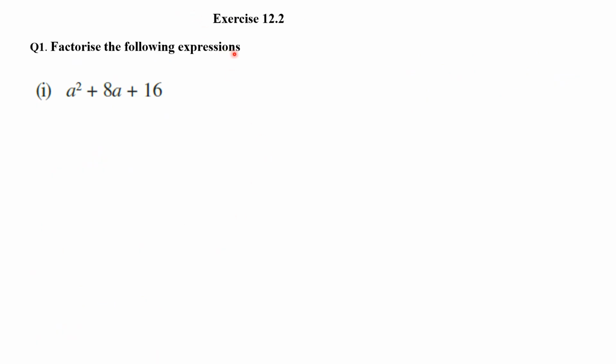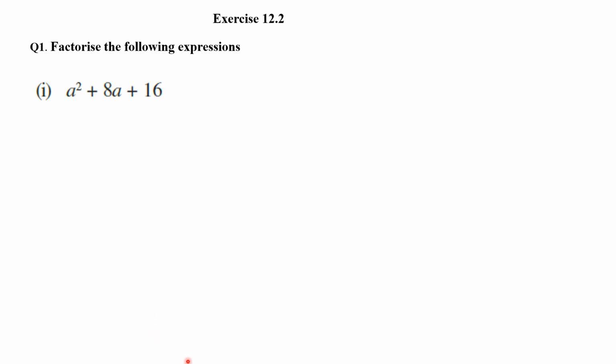Now I'm going to start with exercise 12.2. So this is the first question. Factorize the following expressions. The first expression is a square plus 8a plus 16. Here, a square I can write as a whole square, and 16 I can write as 4 square. Now I have to see whether the middle term is 2 times a into b. My b is 4, a is a itself, so 2 times a into 4, 2 4s are 8.